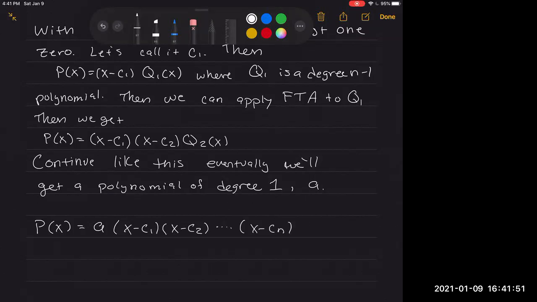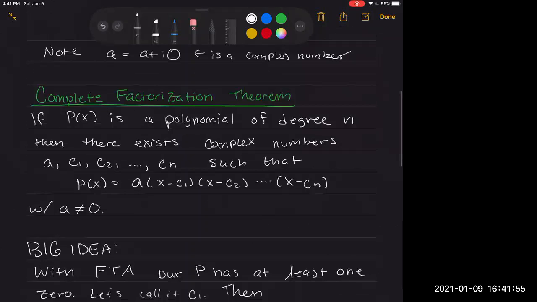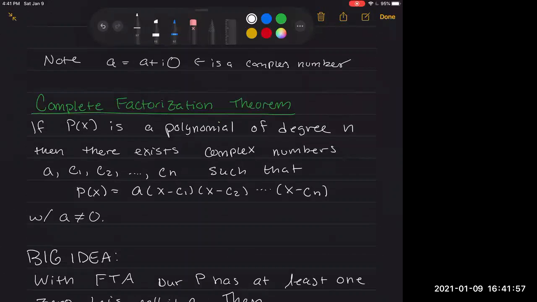Well, this is what we wanted. This matches what we said at the beginning of our complete factorization theorem. It matches perfectly.